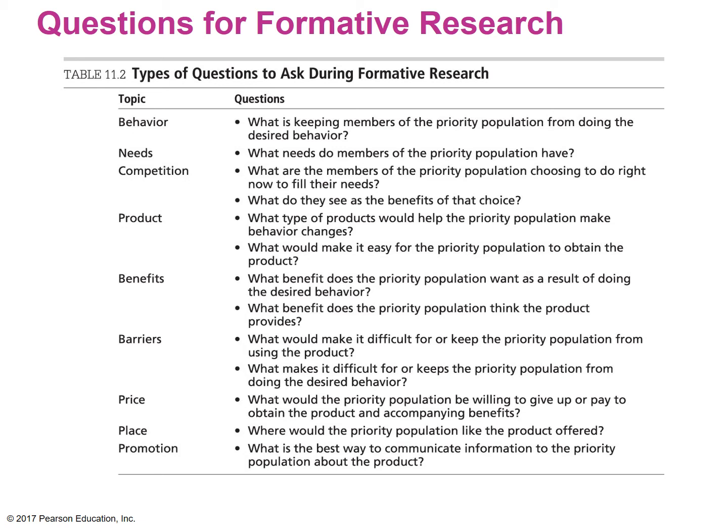Competition, okay, what are they competing for? Our target population's resources, and how are we going to address that to show that our program would be the better spend for those resources than the competition? Okay, the product, right? We need to know what the priority population needs in order to make these changes, and does our product align with that?